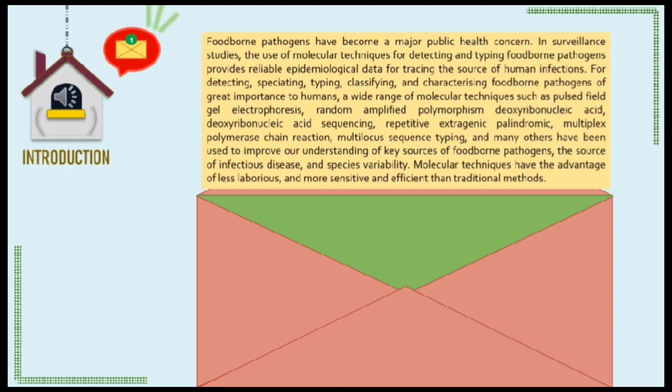Molecular techniques have the advantage of being less laborious, more sensitive and more efficient than traditional methods. Based on this article, we discuss some commonly available molecular techniques, their advantages and usage to detect, characterize and type foodborne pathogens isolated from ducks and duck-related samples.